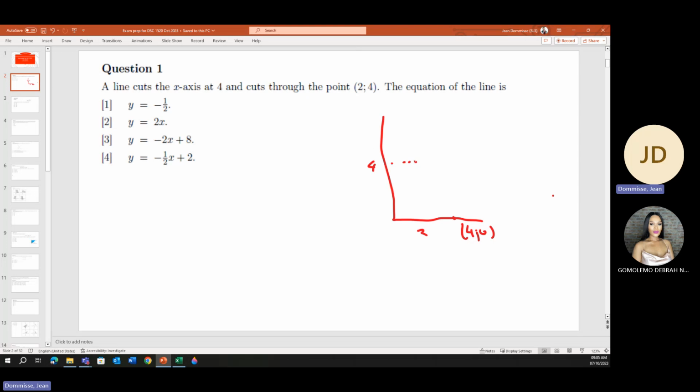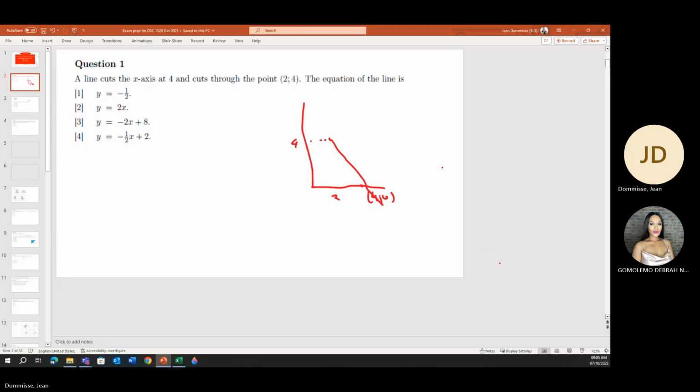So basically through that point and through a point up here.